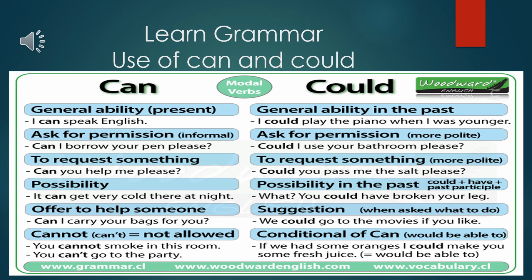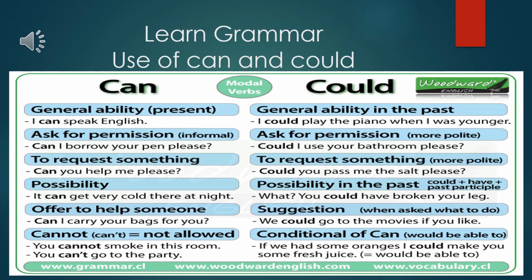So as you can see on my slide, there's a chart here. So can and could is used in various ways. When we talk about the ability of something, when we ask for permission in an informal or a polite way, we use these words. When we request something in a normal or a more polite way, then we use can and could. When we talk about the possibility of this something in the present and in the past, then we use can and could.